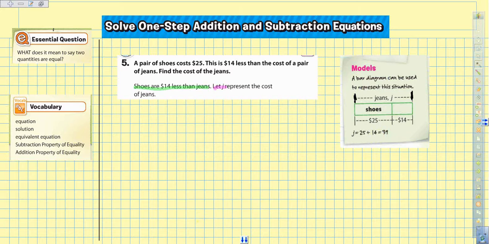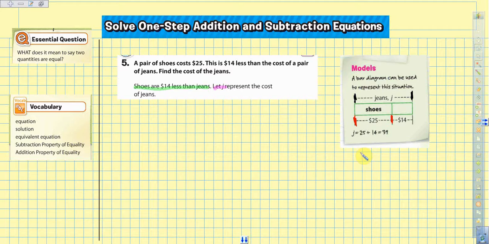But my shoes are less of that, from here to here. But if I take 25 plus 14, if I add those, what I have here is my jeans.